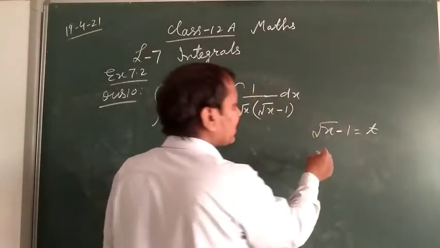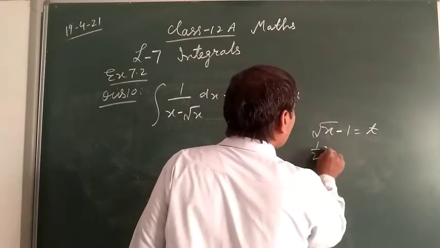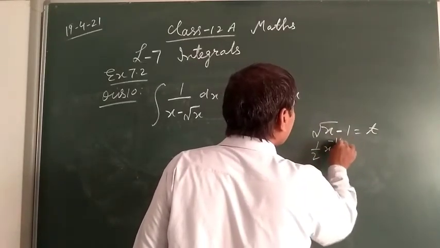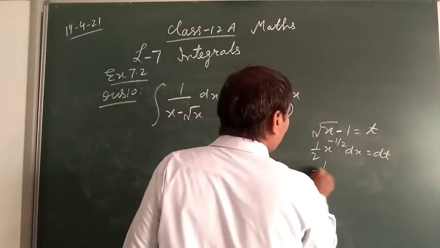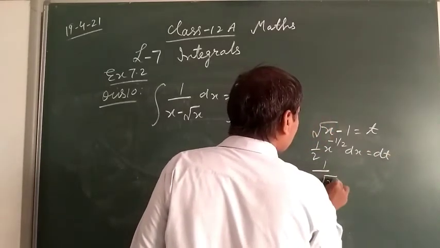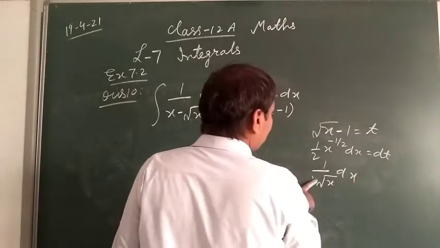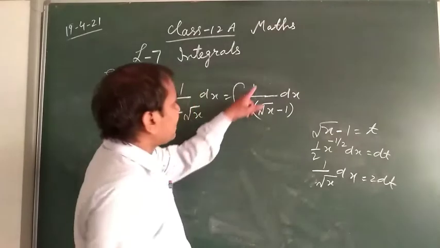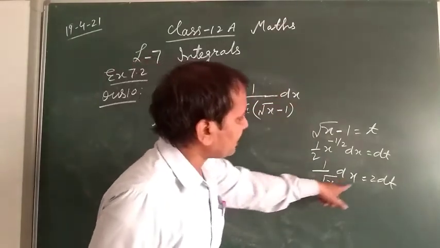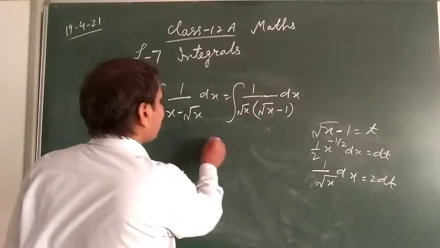So differentiating, 1 by 2 x power minus 1 by 2 dx equal to dt, or 1 upon 2 under root x dx equals dt. So in place of 1 upon root x dx we can write 2 dt.